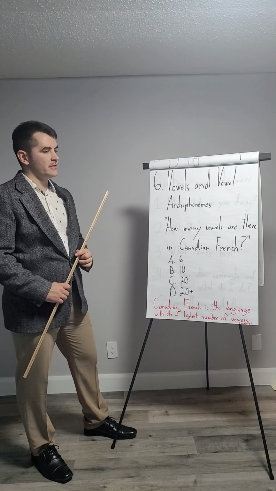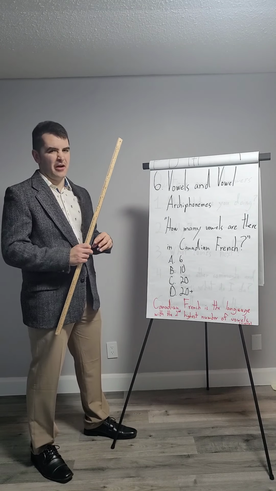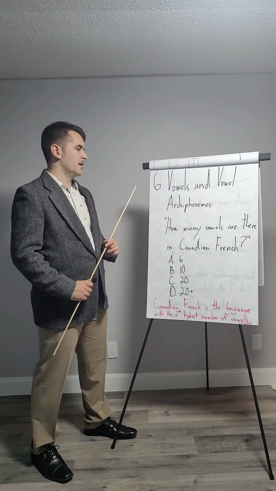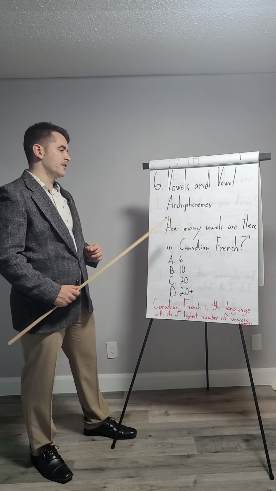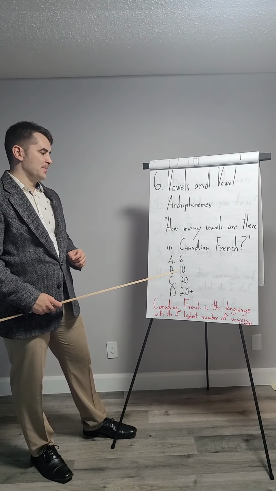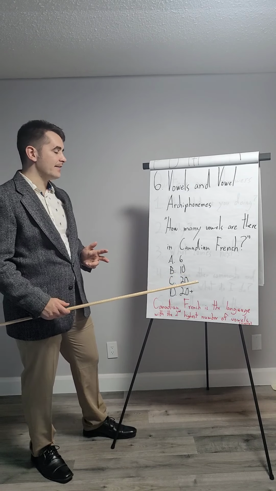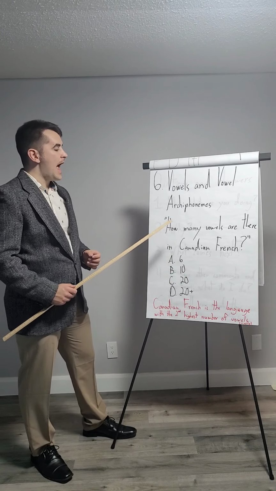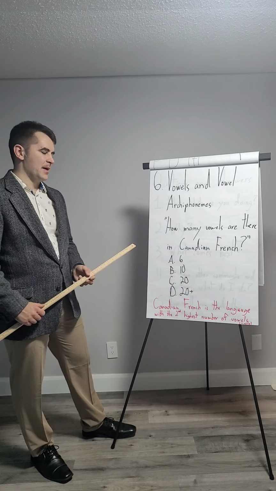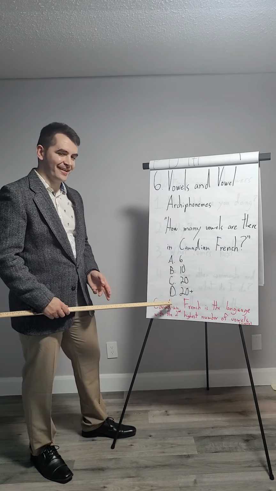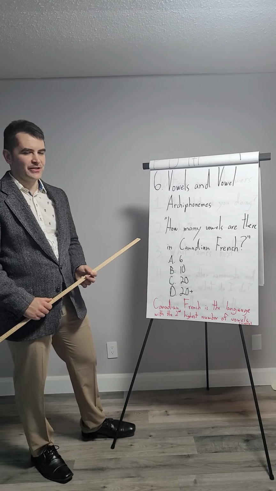So the last thing I wanted to talk about, and this is in very little detail, is vowels and vowel archiphonemes. One question you may ask yourself is, how many vowels are there in Canadian French? I provided a few choices here, and yes, it is a trick question.